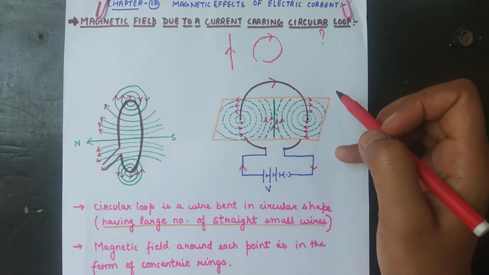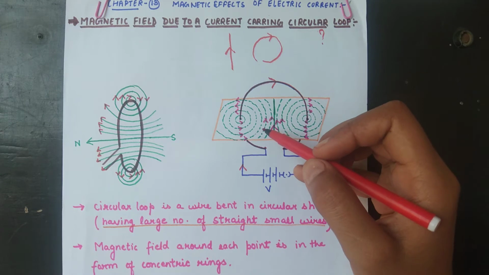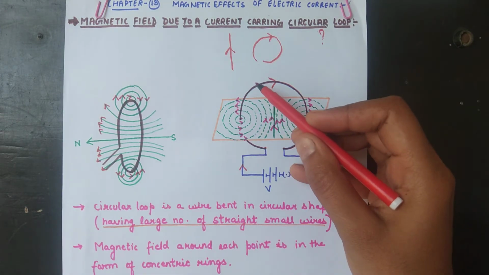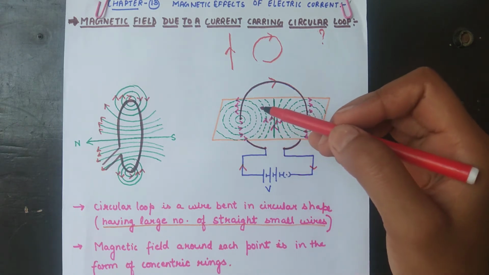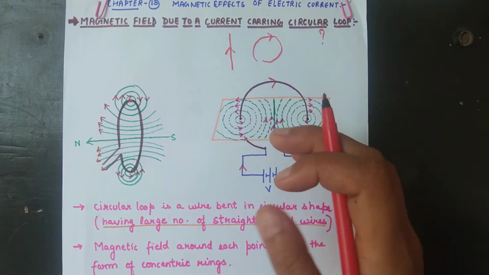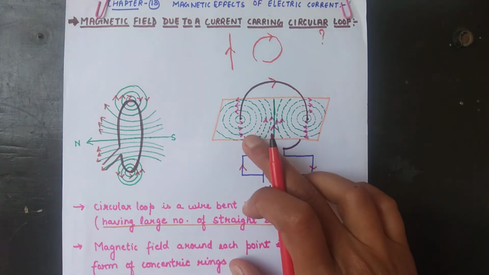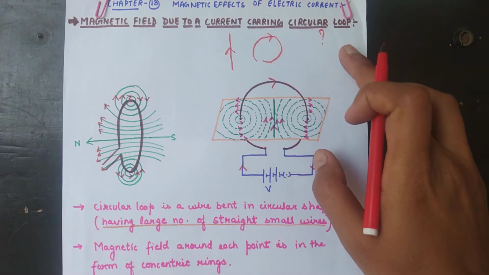This activity is also given in your book. It represents that around each point on a circular loop, the magnetic field is present in the form of concentric circles. So why are they present in the form of concentric circles around a circular loop?